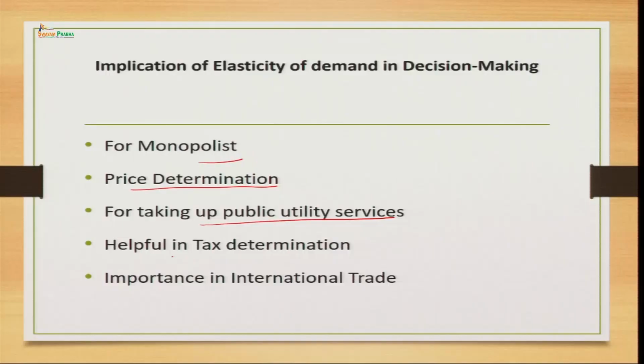Otherwise, the private owners will charge higher prices for those services, and in that case customers will be exploited. Then it is also helpful in tax determination, because government also determines the taxes, and usually government charges more taxes on the commodities which are of inelastic nature, right.